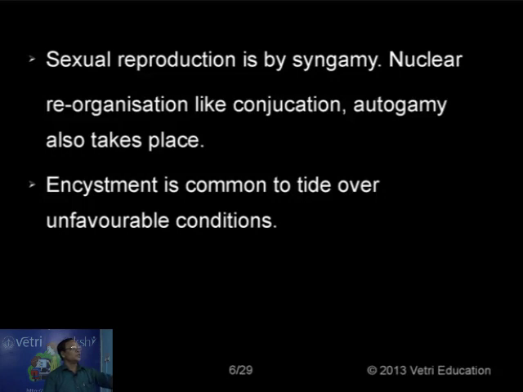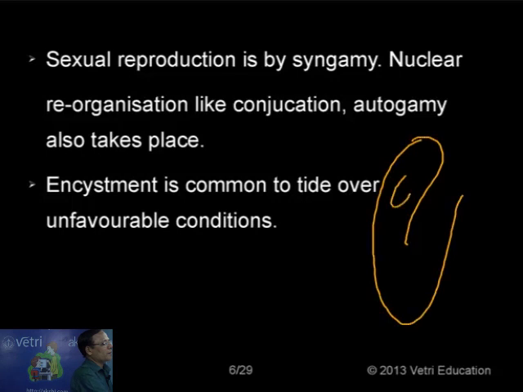There we have conjugation. It is not a method of sexual reproduction, but a rearrangement, a nuclear reorganization. Then autogamy. In Paramecium aurelia, we have one macronucleus and one micronucleus. The union of the macro and micronucleus of the same organism occurs, and that is called autogamy.